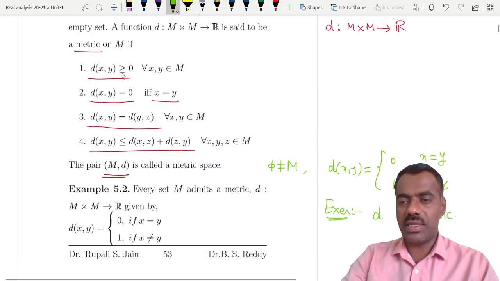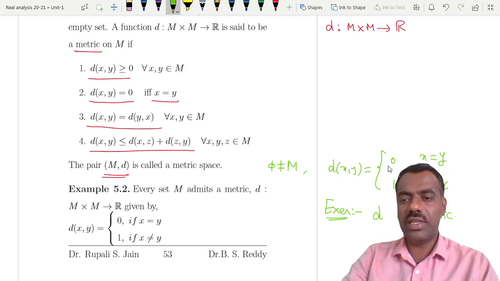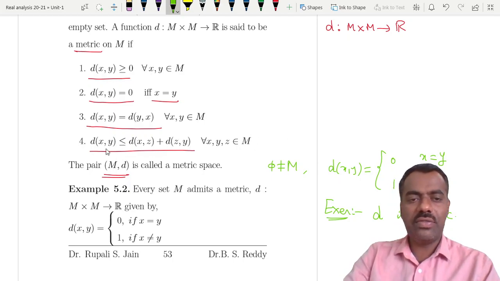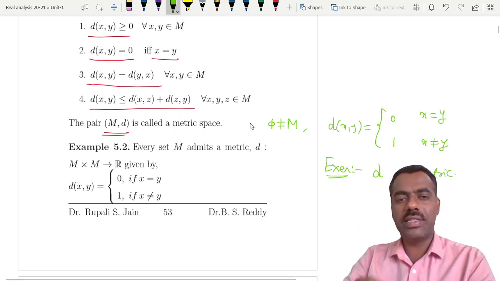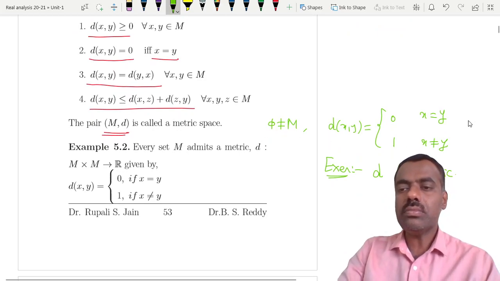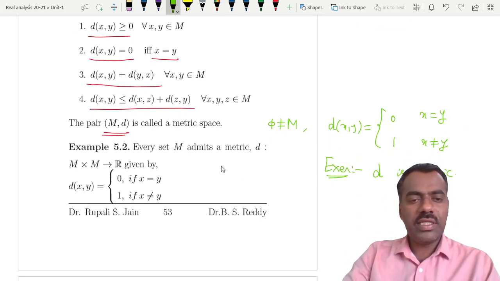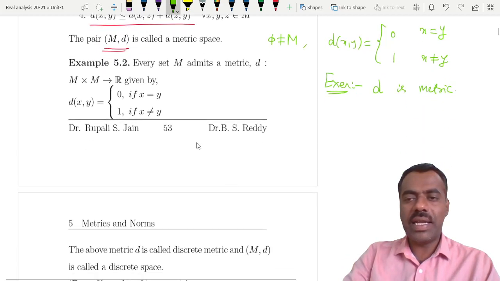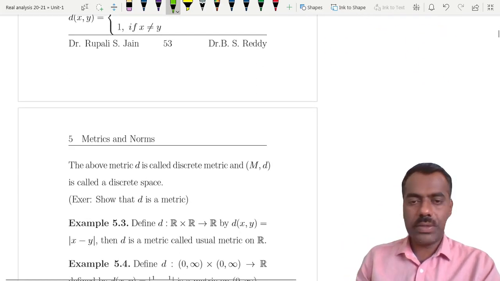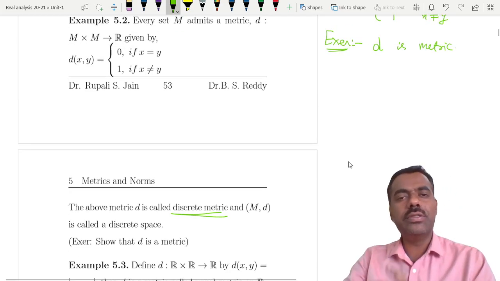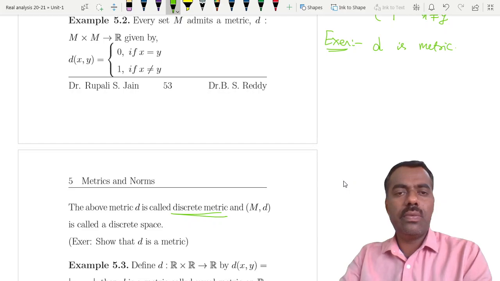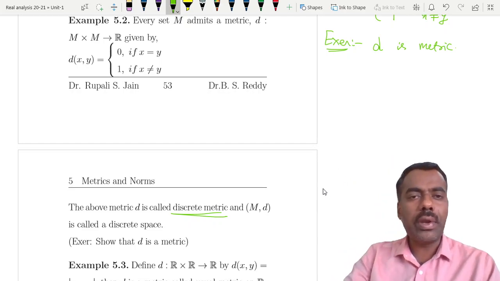Obviously the first one is trivially true, the second one is true, the third one is also true, and you only have to check the triangle inequality for the distance between x comma y. Fine. Now this is a metric and we call it the discrete metric. Discrete metric means it takes only two values, 0 and 1. Obviously it takes 1 if those 2 points are different, and 0 if they are the same.